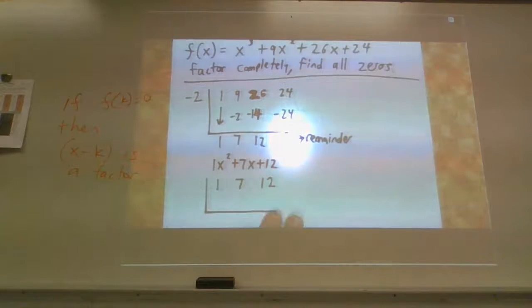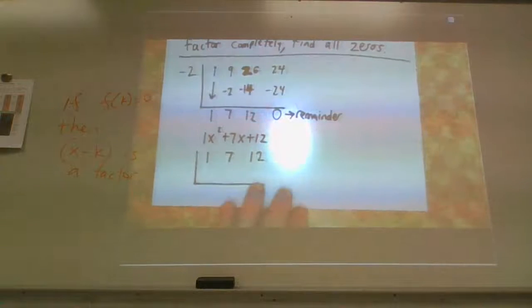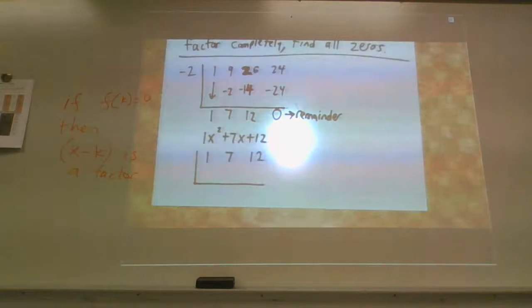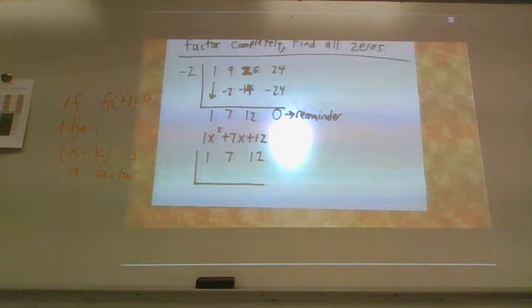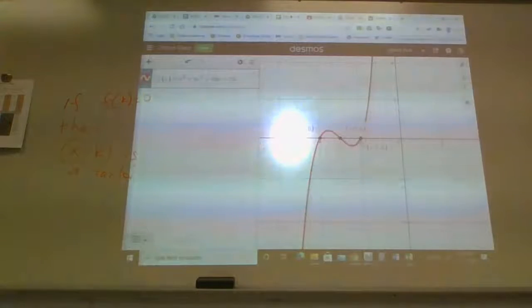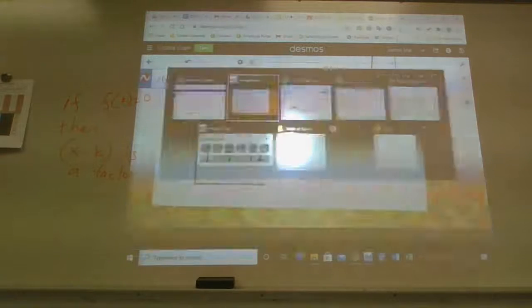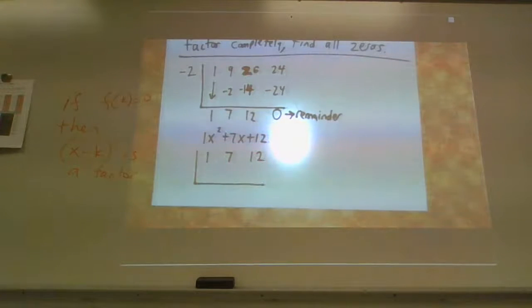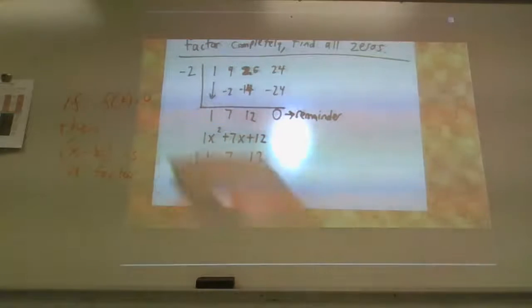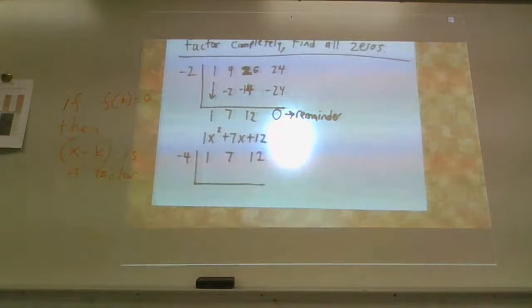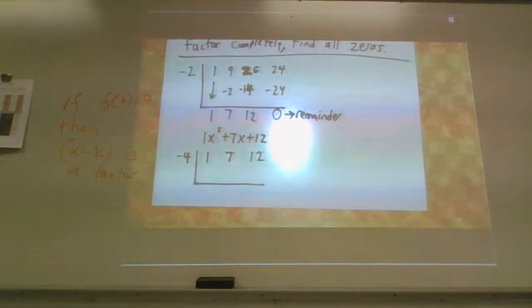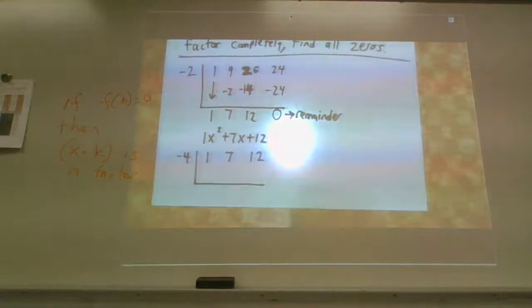Let me flip back to Desmos real quick. Boom! -4. -4 was the next number that you guys told me. You thought, hey, that one looks like a 0. That's a possible 0 right there. Okay, let's see if it works.